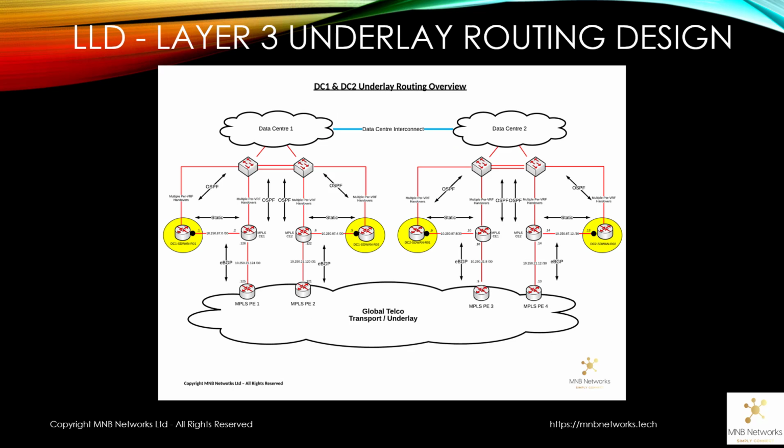In this diagram, we look at layer 3 underlay routing design, or the layer 3 routing design, and in particular what we're really talking about is what is the routing protocol that's run between the PE to CE, that's EBGP, and then handover on the LAN in this scenario is OSPF between the CE and the core data center switches directly.